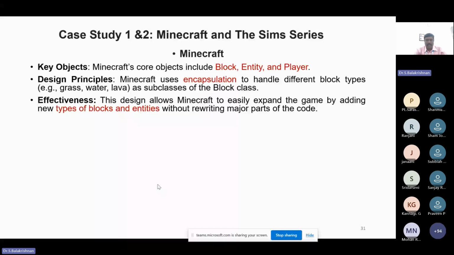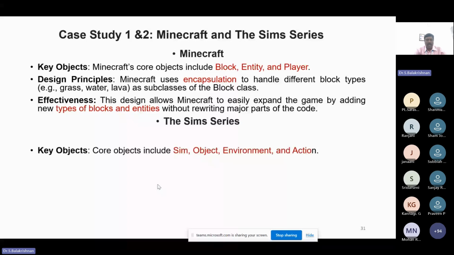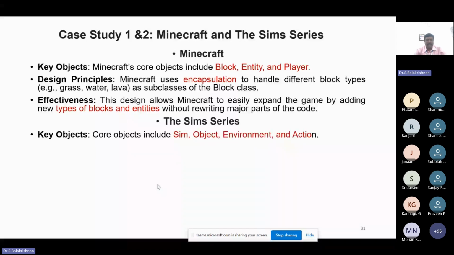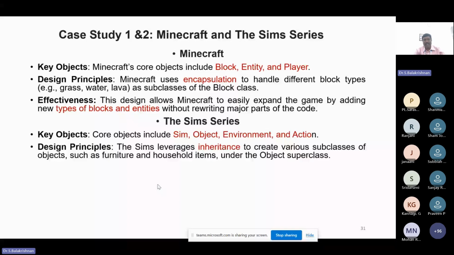That's about Minecraft. The second case study is the Sims series. The key objects of the Sims series include the Sim object, environment, and some kind of action. The design principle mainly leverages the inheritance concept for creating various subclasses of objects such as furniture and household items under superclasses and so on.